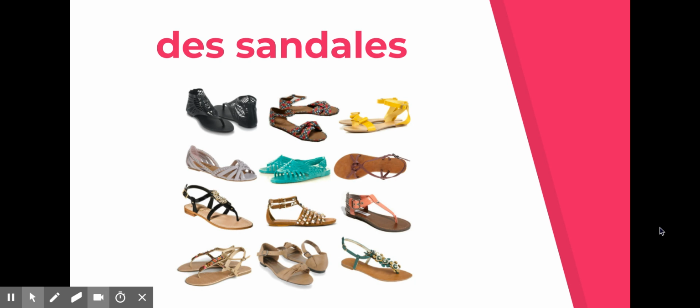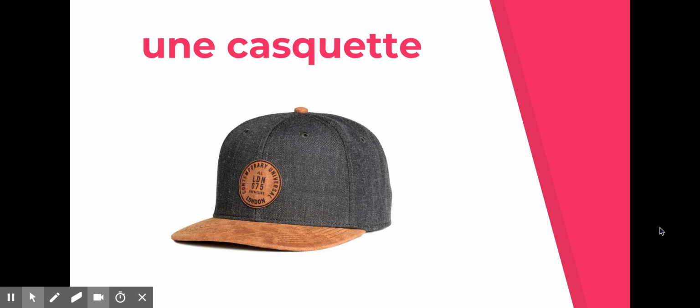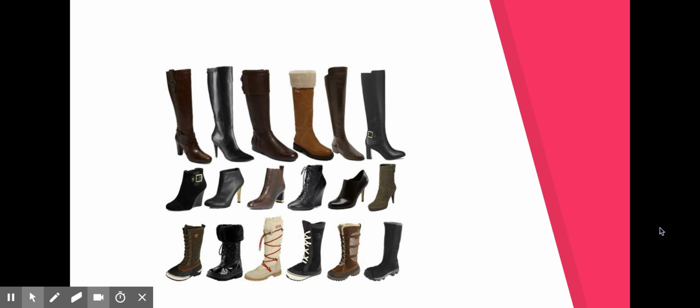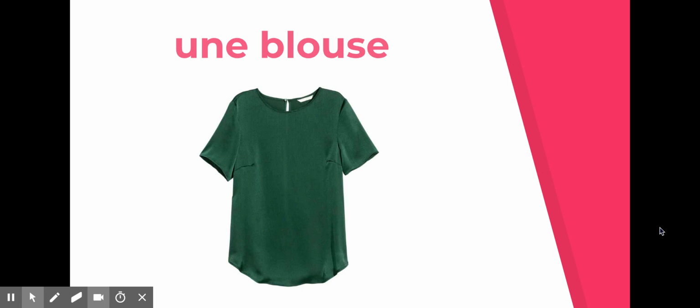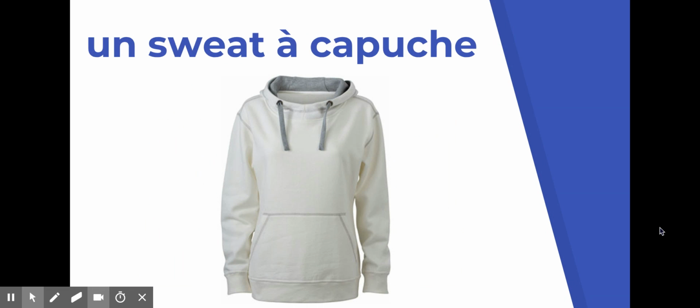Des sandals. Une casquette. Des bottes. Une blouse. Une robe. Un sweat à capuche.